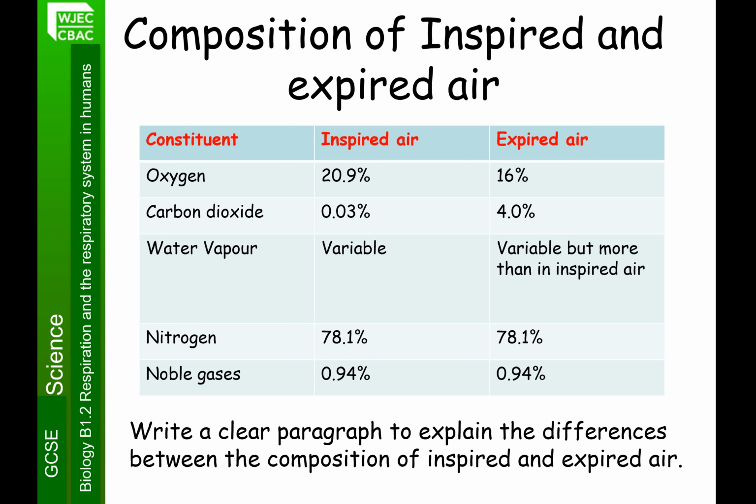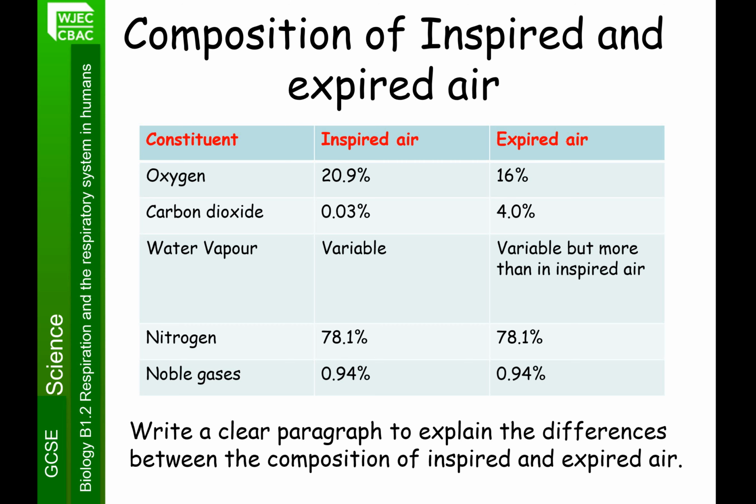Now you should be able to see on the other column the difference between the inspired and expired air. We still breathe out the same amount of nitrogen and the same amount of our noble gases, 0.94%, but the oxygen level in the air that we breathe out is much lower. If there are 21% coming in, only 16% oxygen is breathed out.